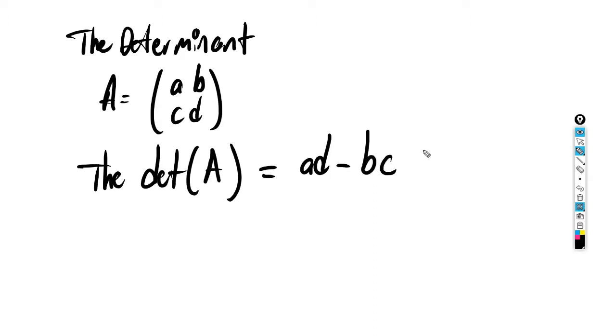If you don't know what this is, you can look in the last video for the determinant, where I did some examples, so you can double check on that. So we define that. Now let's define something else.